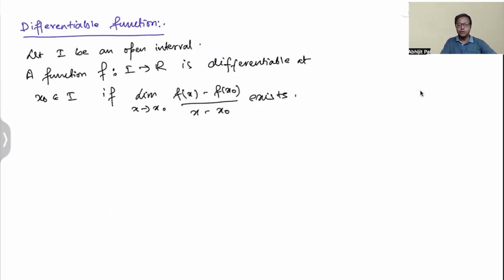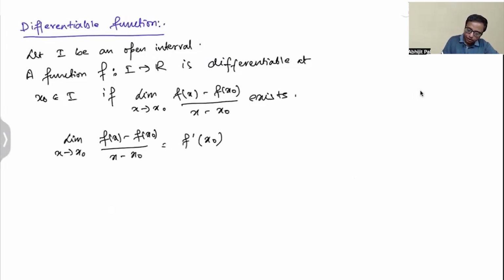Then we say that the function is differentiable at x0. If it exists, we write this limit as f prime x0. This is the usual notation.